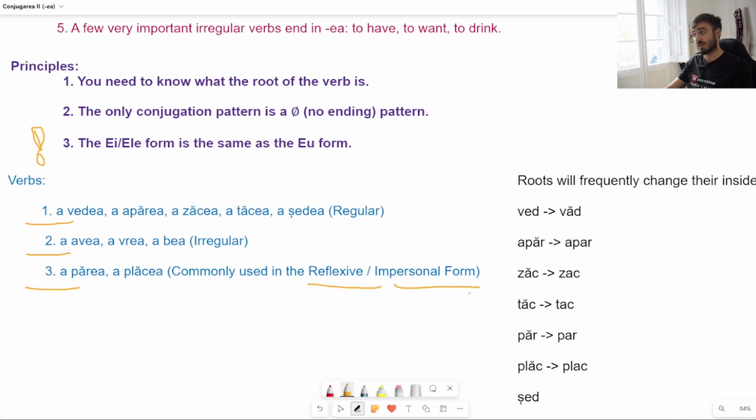What I mean by reflexive and impersonal, I'm not going to get in detail right now, but I'm going to conjugate them for you to show you how to use to seem and to like.